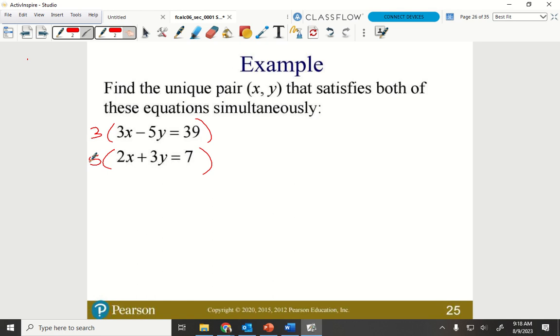When I do this, I'm going to distribute, and that's going to give me 9x minus 15y equals 39 times 3, which is 117, I think.